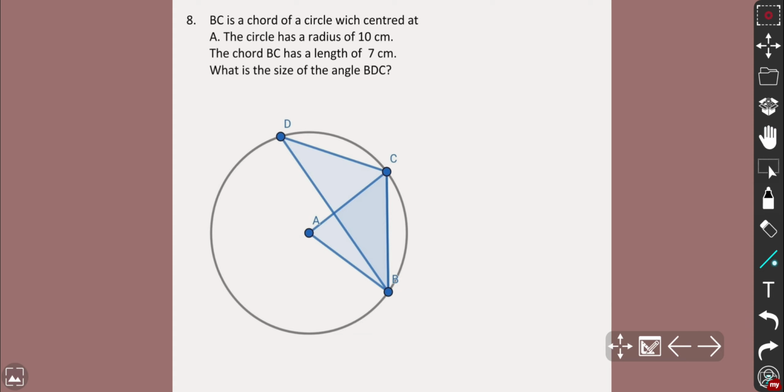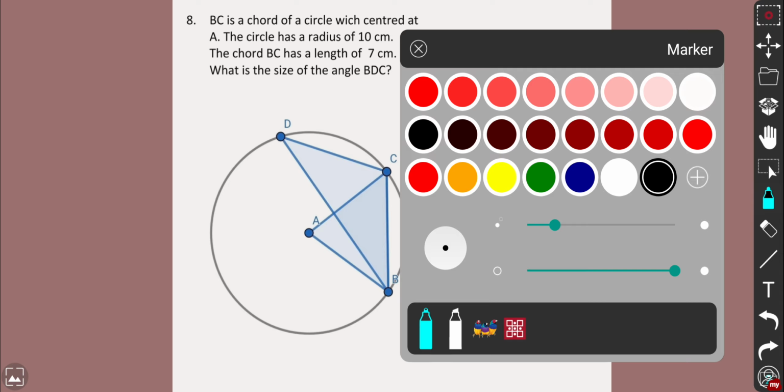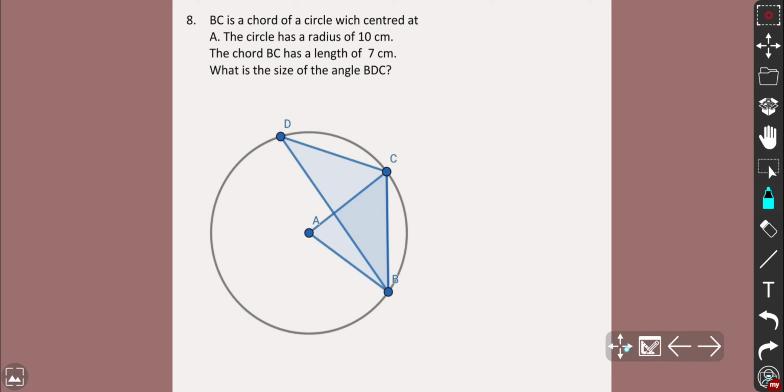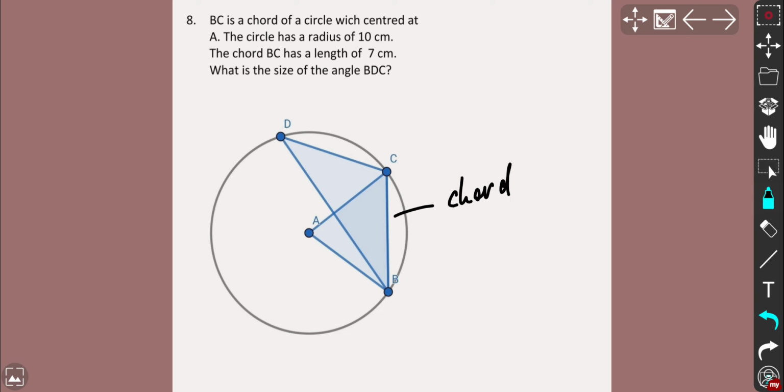So we have the following case. We've got the circle centered in A, and you've got BC, which is the chord. What is a chord? By definition, it is any segment connecting 2 points on the circle.